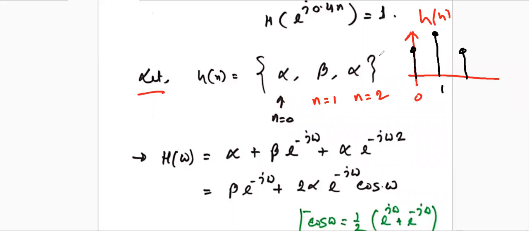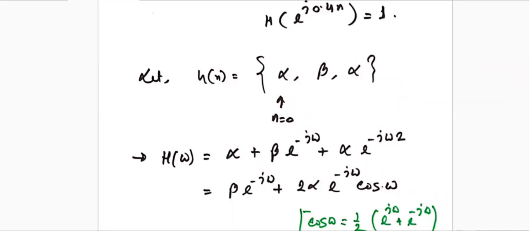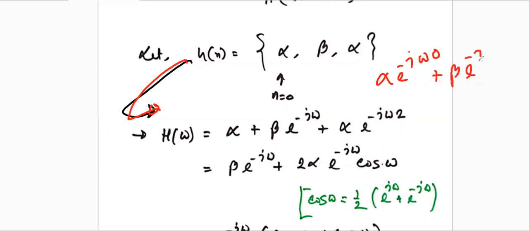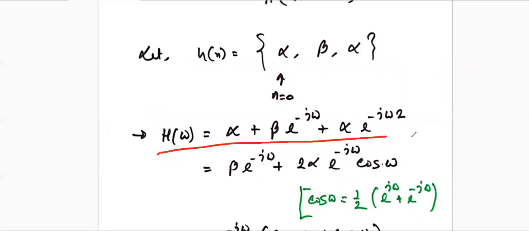In general, I'm taking some value. Now, from there, you can write H(ω). It is alpha e to the power minus jωn, where n is equal to 0, plus beta e to the power minus jω into 1, plus alpha e to the power minus jω into 2. Very simple. And that we have written here, and this is the output of H(ω).